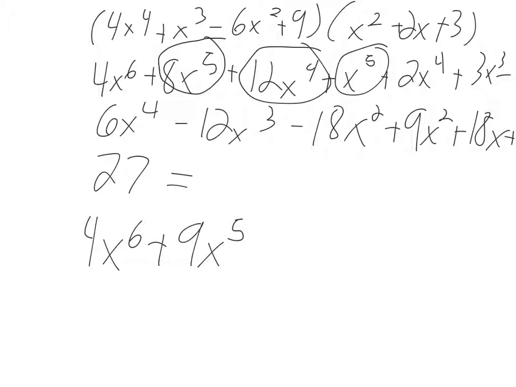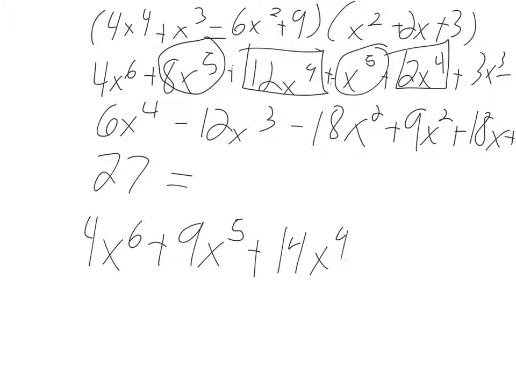12x to the 4th. Actually, let me just box that real quick. Here we go. Add back our plus sign here. Keep things together. But 12x to the 4th and 2x to the 4th are going to end up being 14x to the 4th.